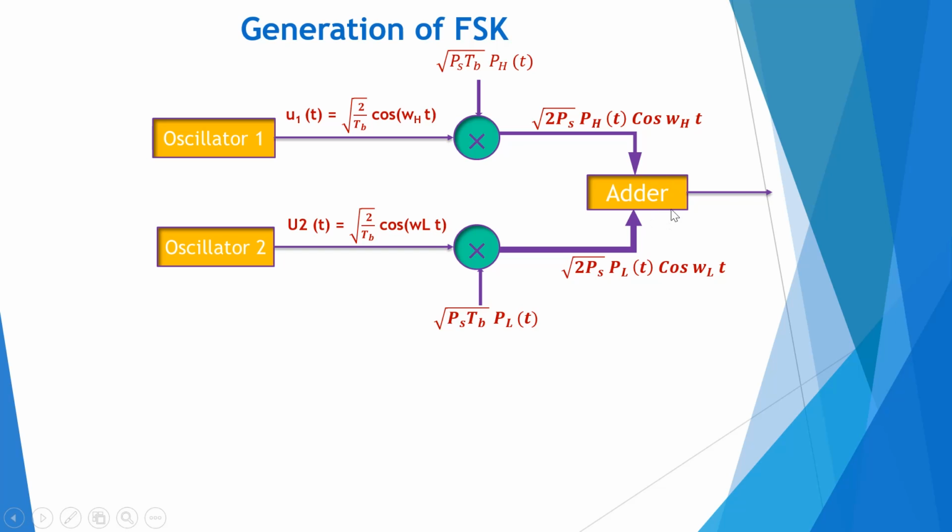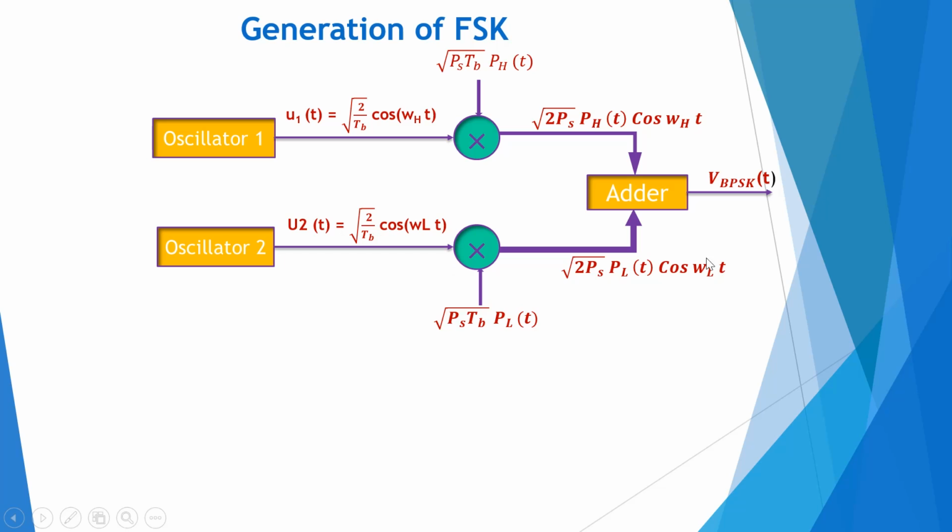These two are given to the adder and then we get the output, that is BFSK. Now it's very simple. If binary 0 is transmitted, pH(t) will be 0 and 0 multiplied with this carrier will be 0 itself. So whenever this signal is present, this will be absent, and whenever pL(t) is present, pH(t) will be absent.